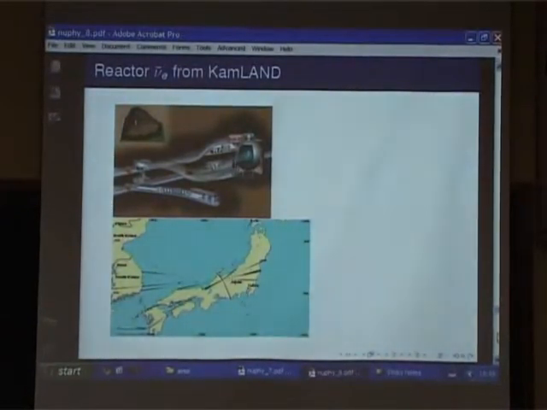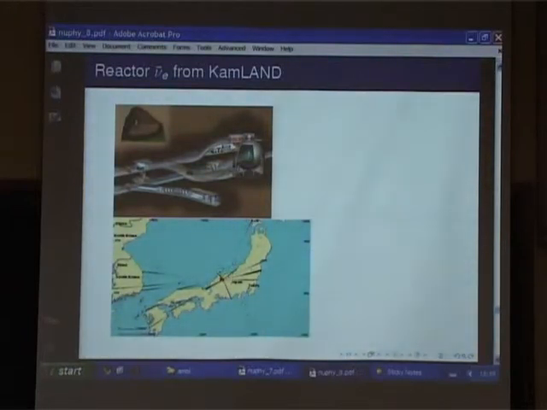Secondly, they were all within some 200 kilometers or so. And thirdly, it so happened that this predecessor of Super-Kamioka, just the Kamioka experiment, happened to be in a location which was sort of central. Japan has many nuclear reactors. So this is the site of Kamioka.